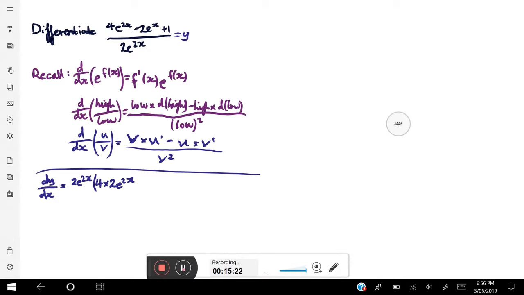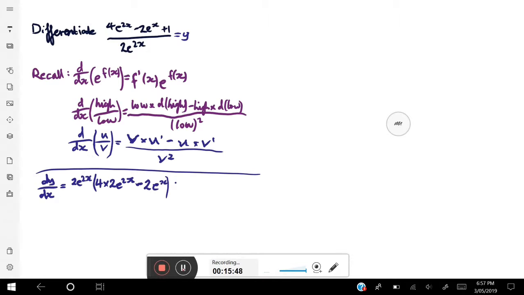The 4 at the front is a constant. You don't have to worry about it. It's not going to affect your differentiation. And then minus 2 times the differentiation of e to the x, which is just e to the x. And then plus 1. 1's a constant, so that's just 0. So that's nothing.